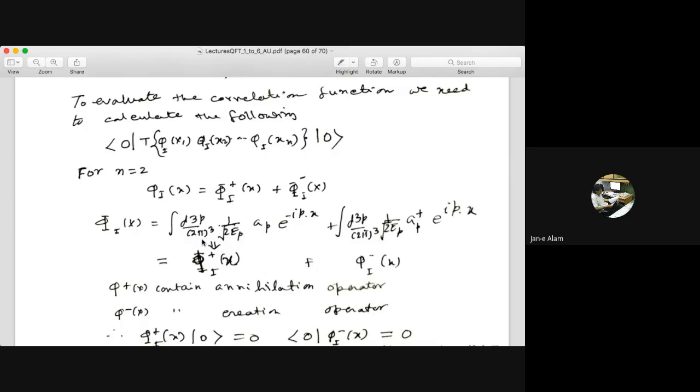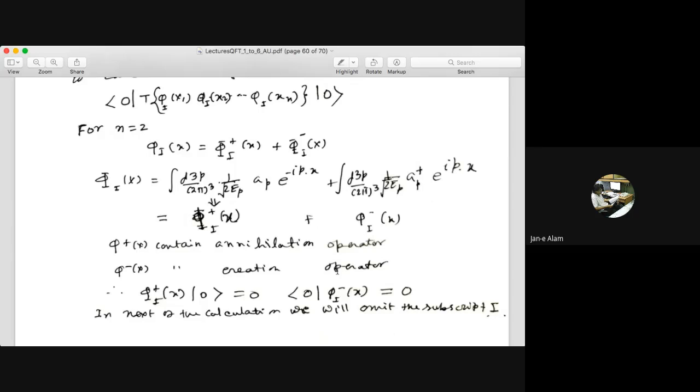As you know, the expansion of phi contains 2 operators. One is the annihilation operator, the other is the creation operator. The part which contains the annihilation operator, I am calling phi plus. This is just a notation. And the part which contains the creation operator, I am calling phi minus.